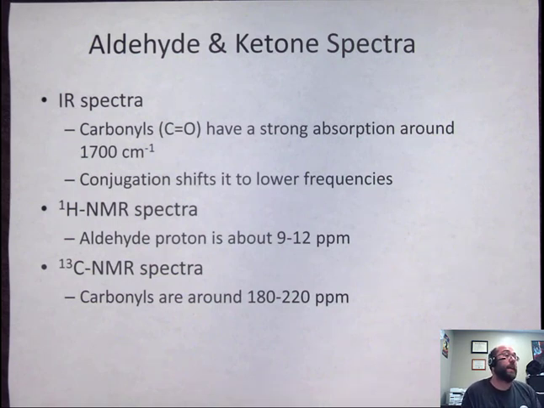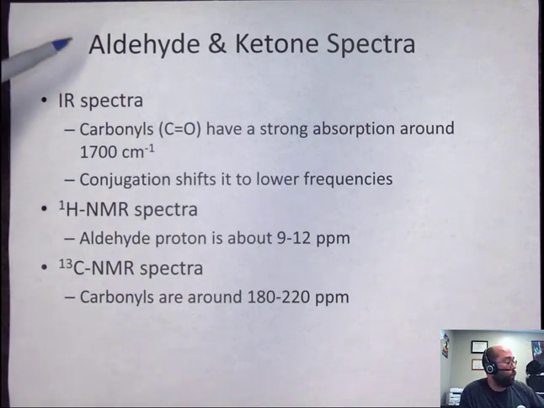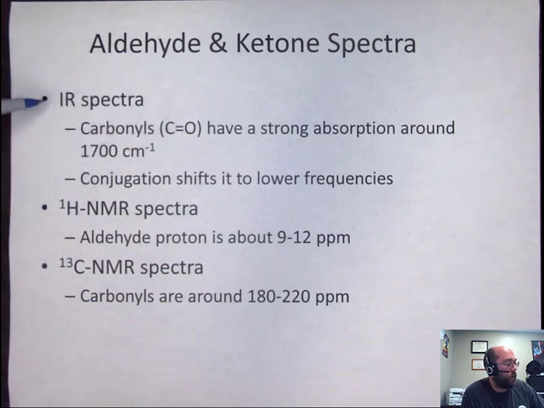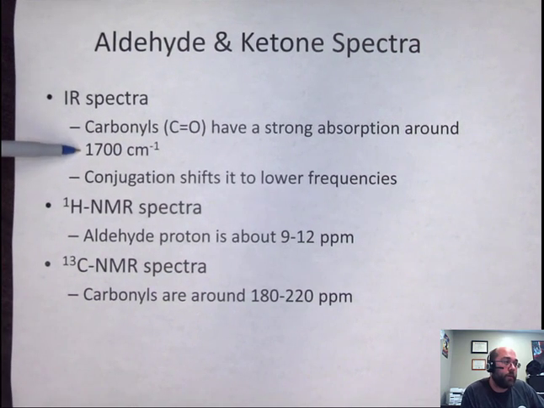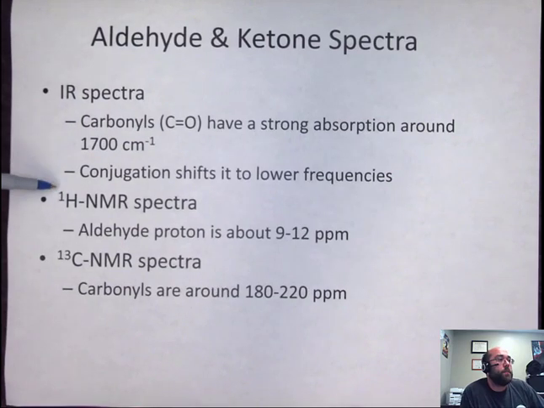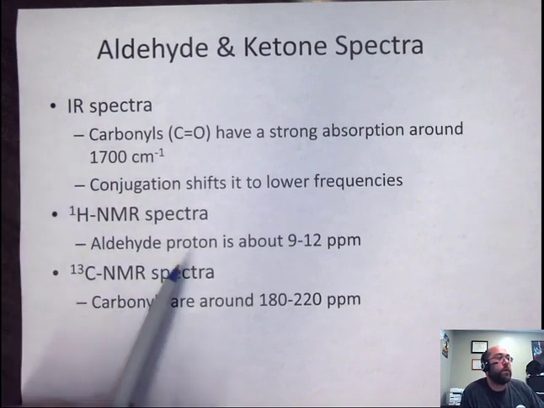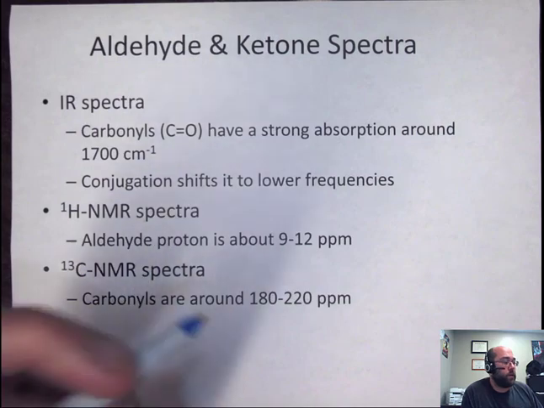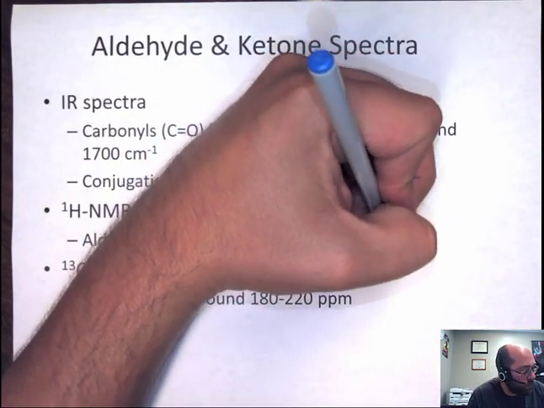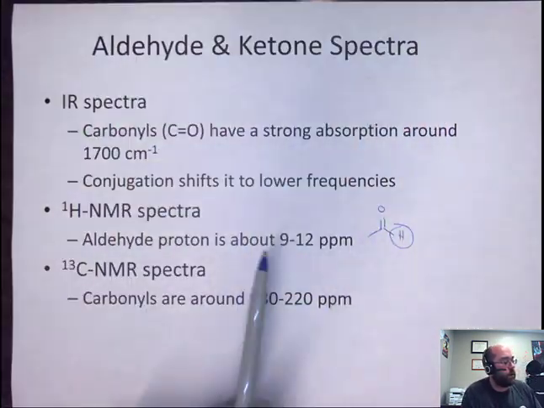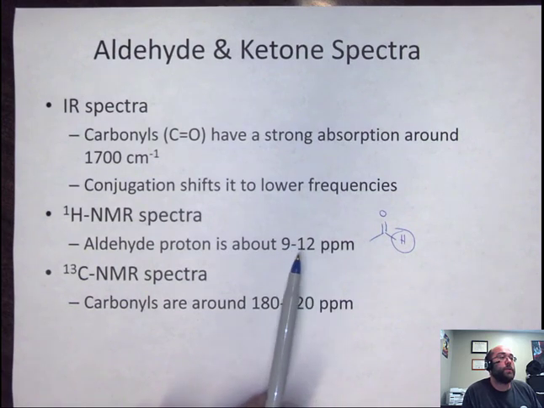Anyway, looking at aldehydes and ketones in the realm of spectral data that you could see. With aldehydes and ketones, you do have a carbonyl. So for IR, you're going to be looking for peaks around 1700 inverse centimeters. For proton NMR, the aldehyde proton is going to come up somewhere between 9 and 12 ppm.